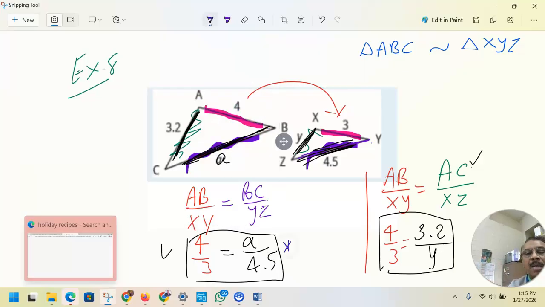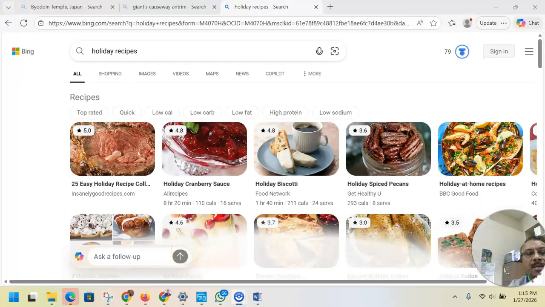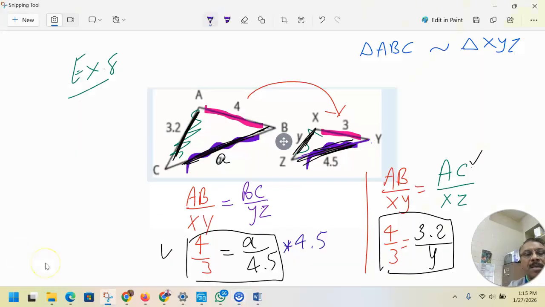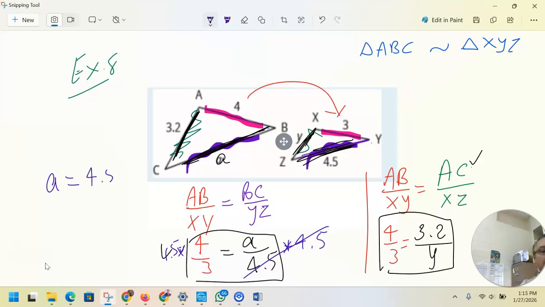Here multiply 4.5 and cross multiply, so you get A equals 4.5 times 4 divided by 3. You can clearly see 3 divides 4.5, which will go 1.3.